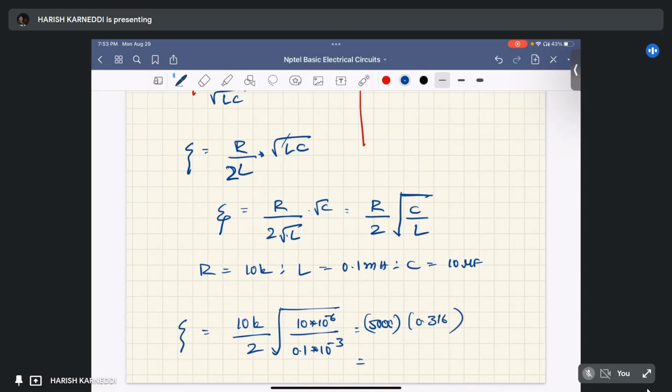Multiplied with 5,000, it is equal to 1581.13. The value of zeta equals 1581.13. What are the conditions for zeta?